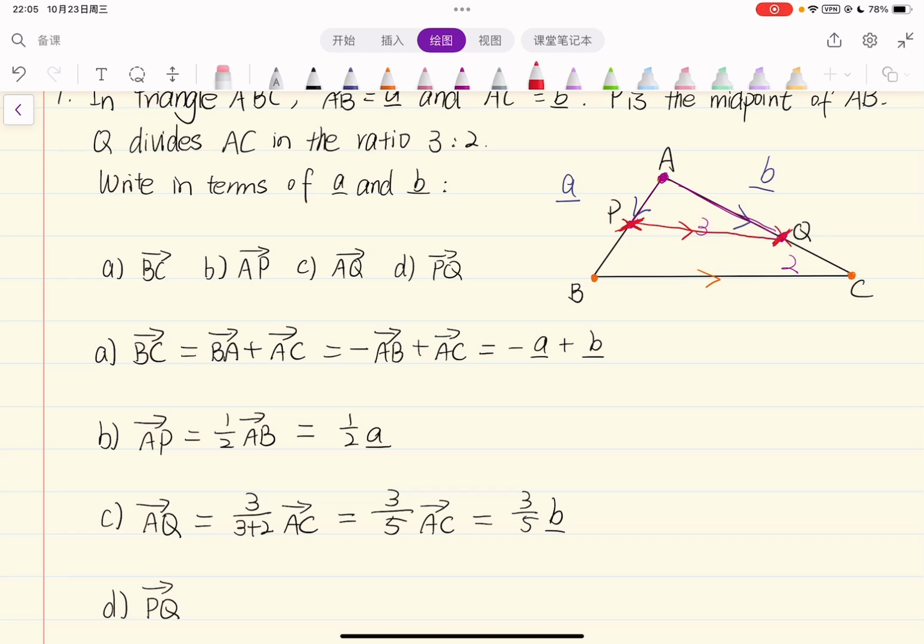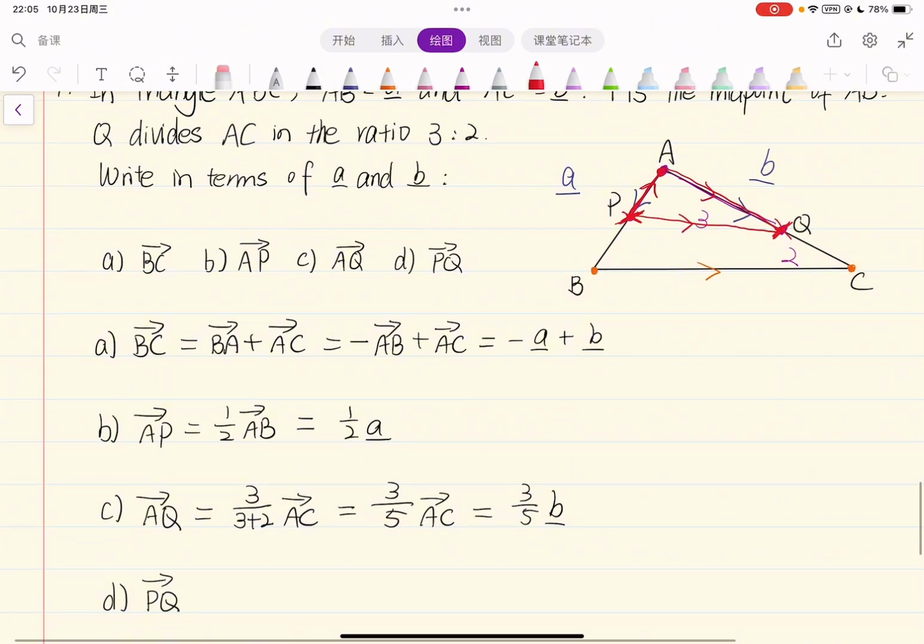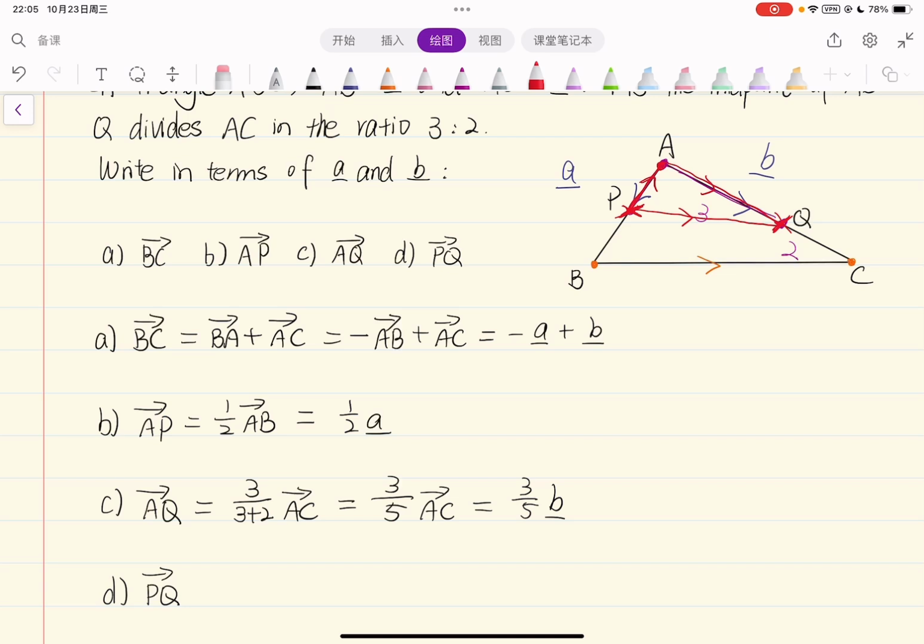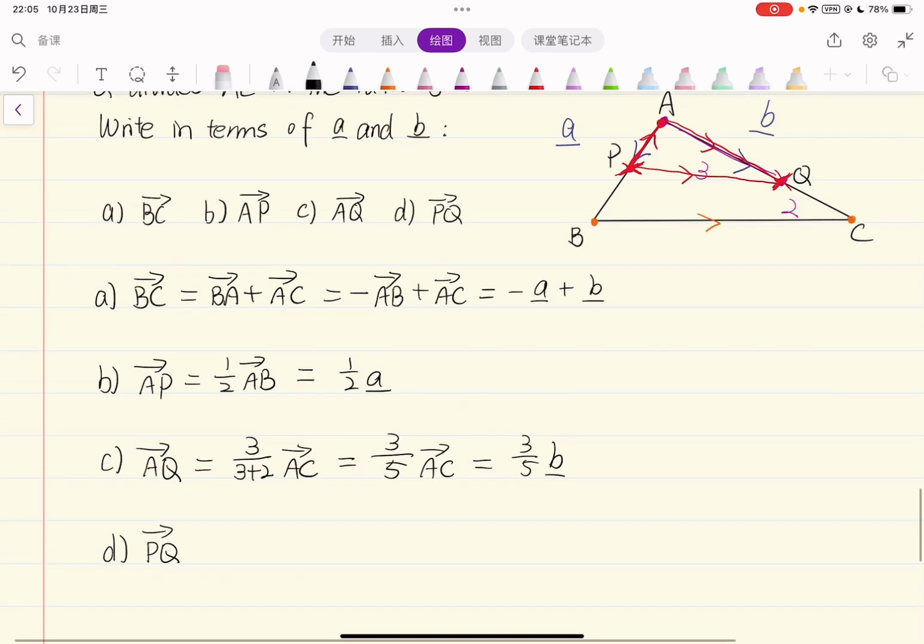Well, we cannot get that directly. Thus, we can start from point P and go to point A, and from A to point Q. In this case, we need to find the vector PA and the vector AQ. That is vector PQ equals vector PA plus vector AQ.